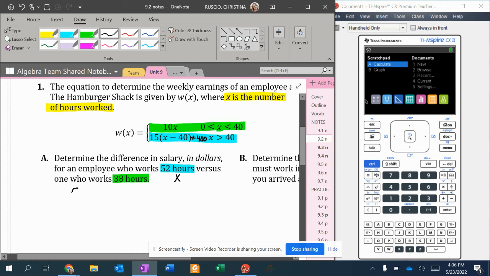Okay, so we're going to substitute in some values. Let's do the 52 hours first. So 52 has to go into the 15, and this is the X minus 40 piece, plus 400, remember. And then the 38 is going to go into the 10x piece.